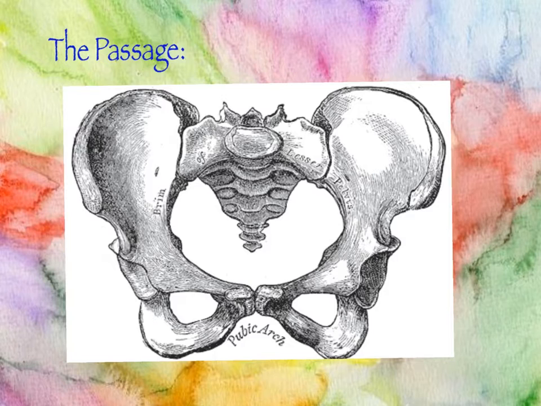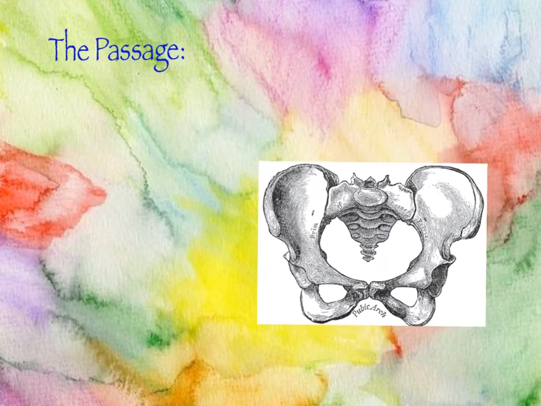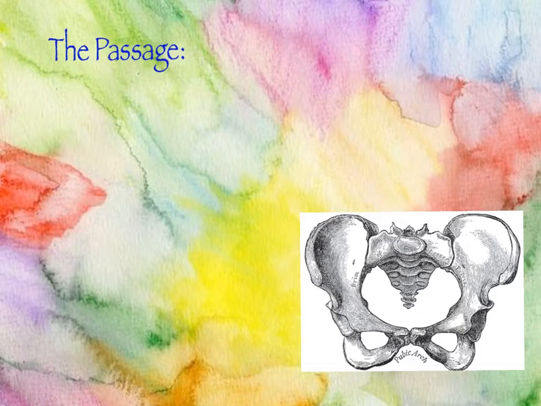Now, we already talked in antepartum about when we go for that first visit and the provider does a pelvic exam, they're looking for that diagonal conjugate, and what they're really looking at is the diameters of the pelvis. Is this going to fit a baby through? There's really no way of knowing for sure until you give it a trial.